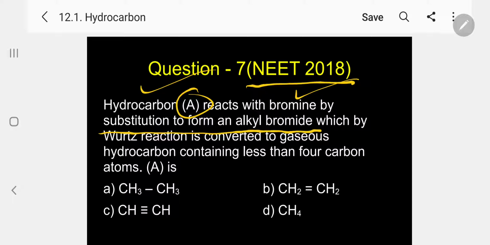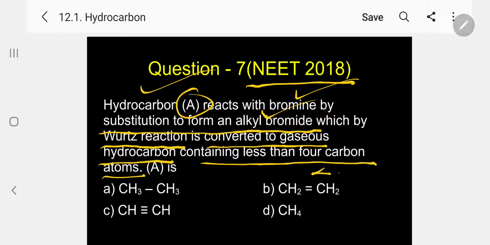Hydrocarbon A reacts with bromine by substitution to form an alkyl bromide, which by Wurtz reaction is converted into a gaseous hydrocarbon containing less than 4 carbon atoms. Please follow, less than 4.